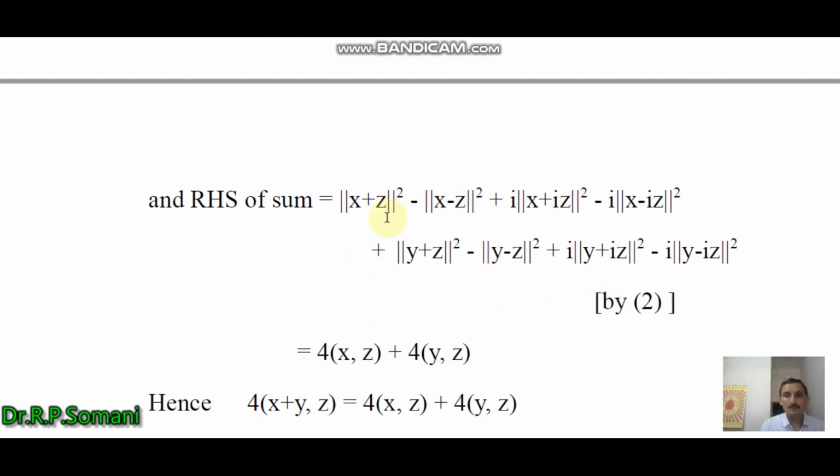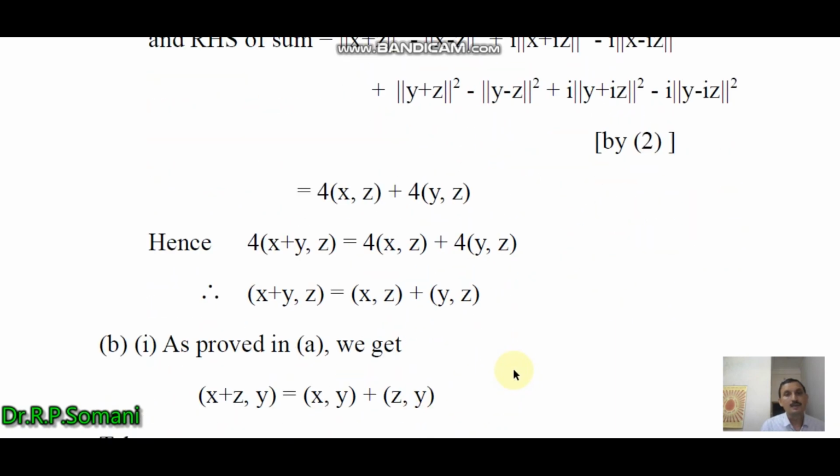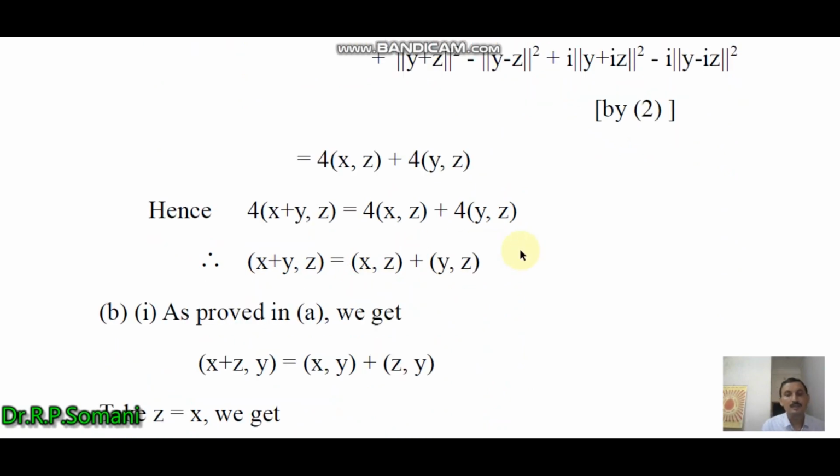So the first part we can write as 4xz, and the second part we can write as 4yz. So we obtain that 4 of x plus y, z equal to 4xz plus 4yz. Therefore, we obtain the first part of this H3 property, that x plus y, z equal to xz plus yz.